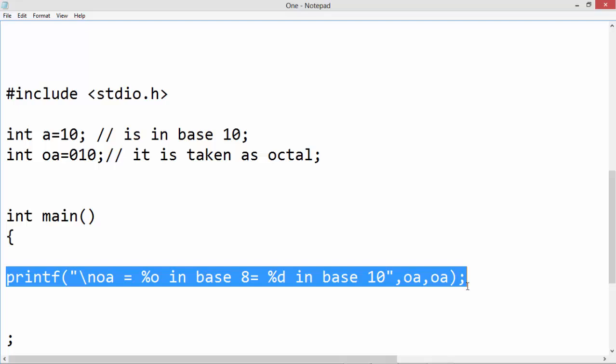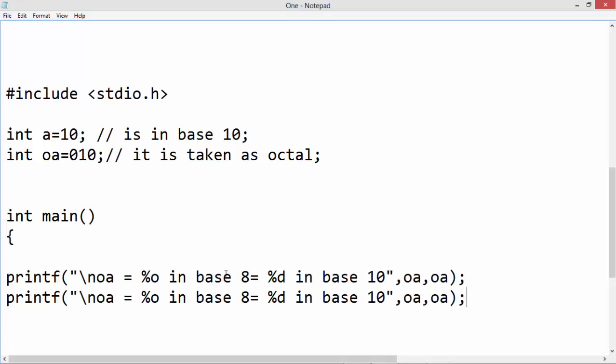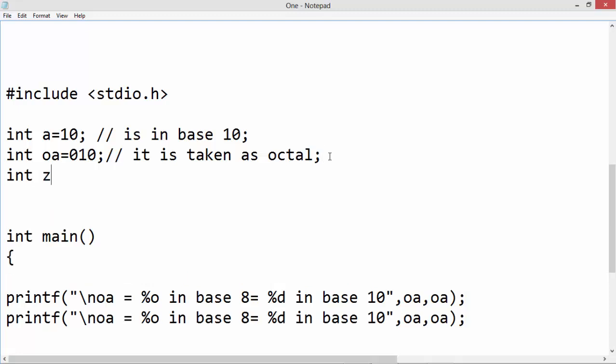So let me take hexadecimal again, int xa. I have to give hexadecimal like this only, 0x, so I will say 0xAA.